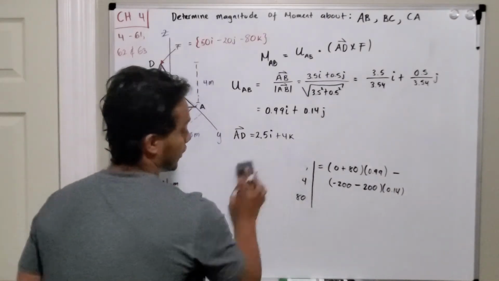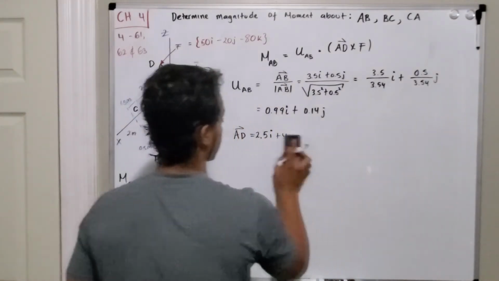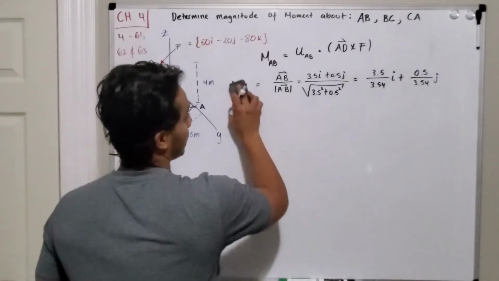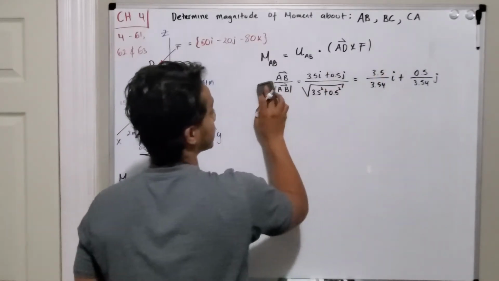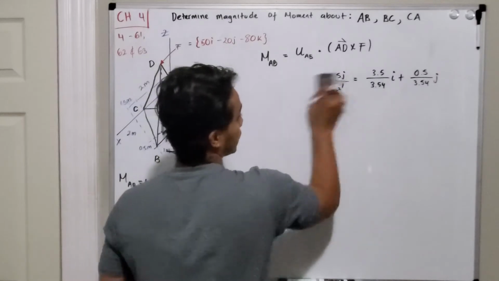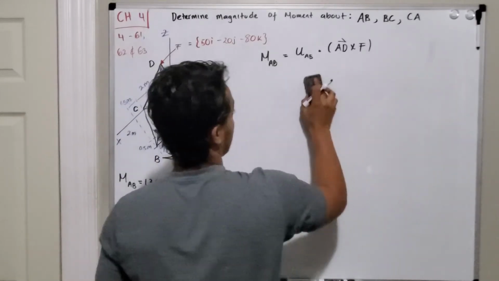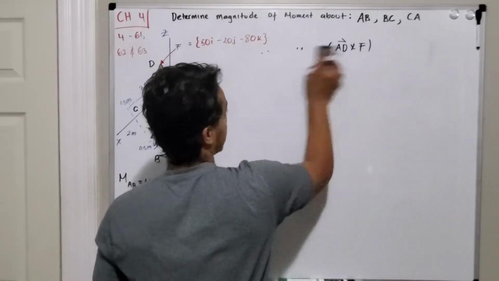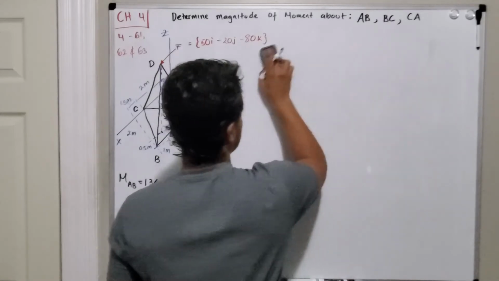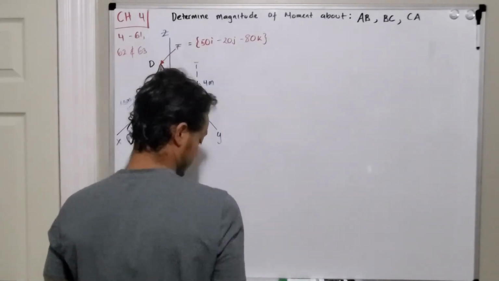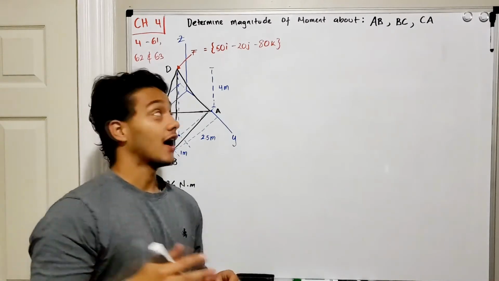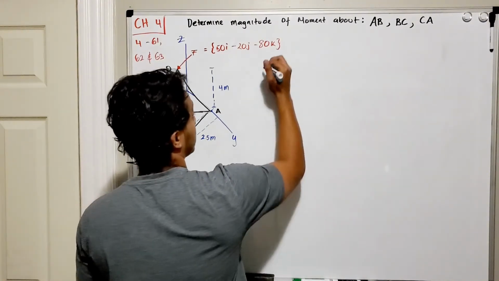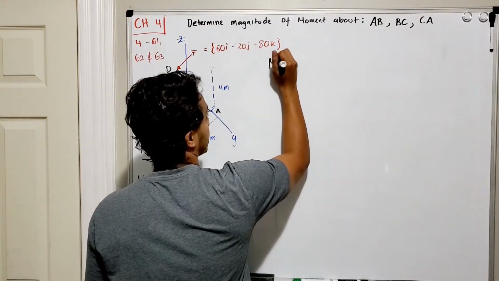Now we need to do the moment about my base BC. So we're gonna basically do the same, but we will need a different unit vector and different distance. So for the moment, okay guys, now we're gonna do back the moment about my base BC.